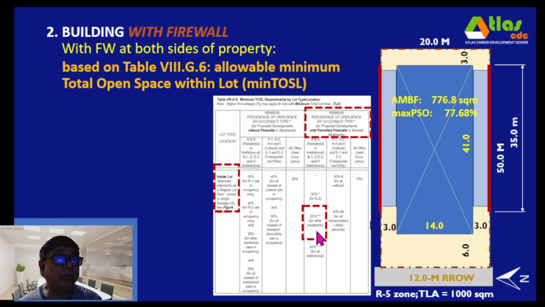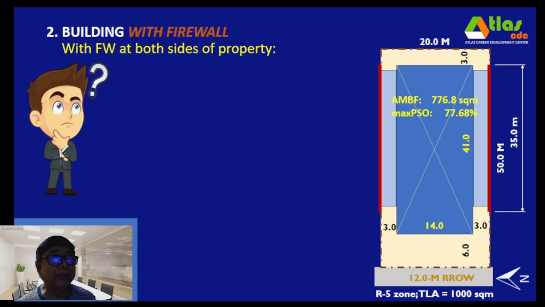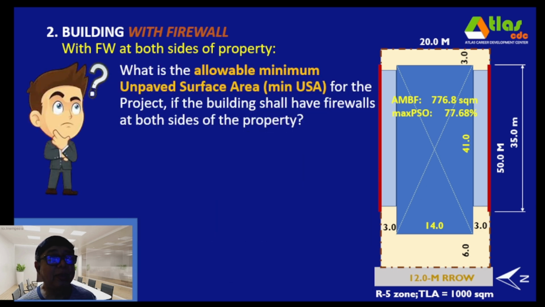So our minimum TOSL therefore based on this table is 20% of 1,000, our TLA, will give you 200 square meters. And then we compute for the allowable minimum unpaved surface area for the project if the building shall have firewalls at both sides of the property.